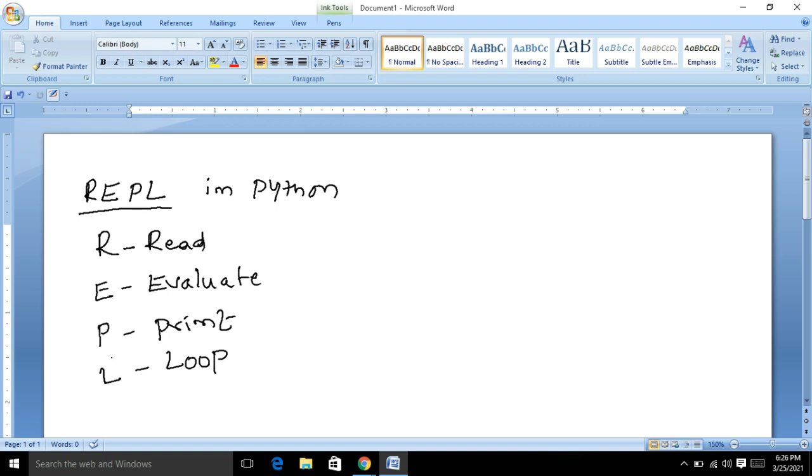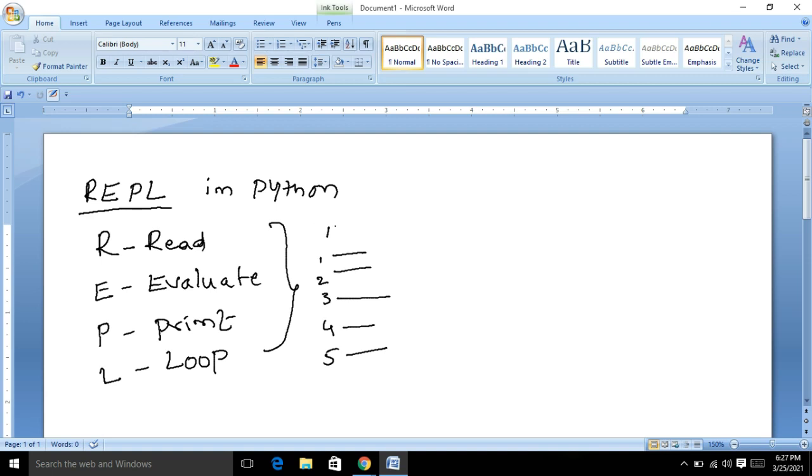What the REPL actually represents, now I can explain. Suppose we are writing a program or a script. We know that a program is a set of instructions, right? These instructions are executed one after another in a sequential fashion.